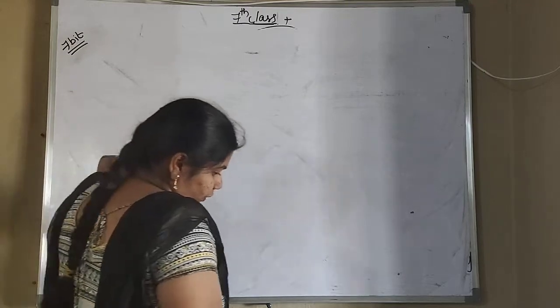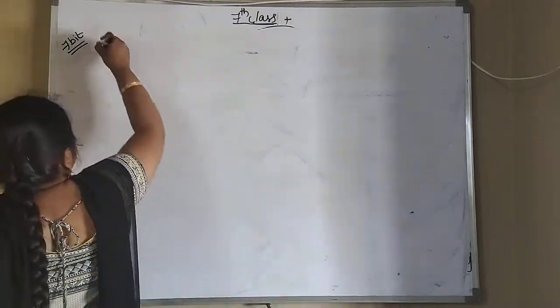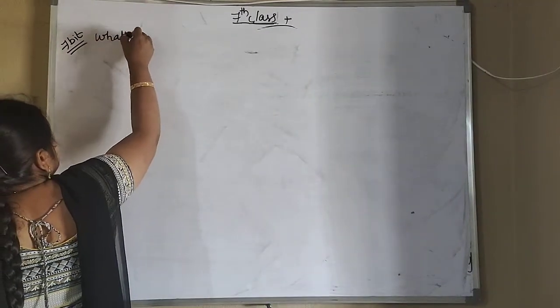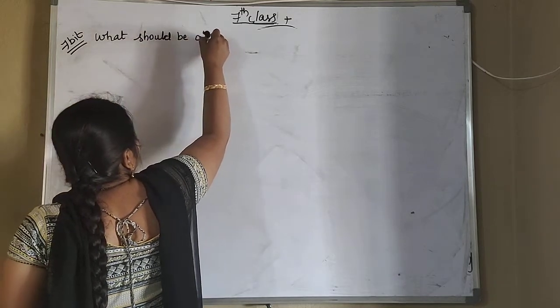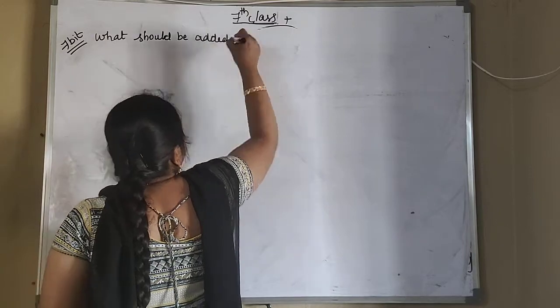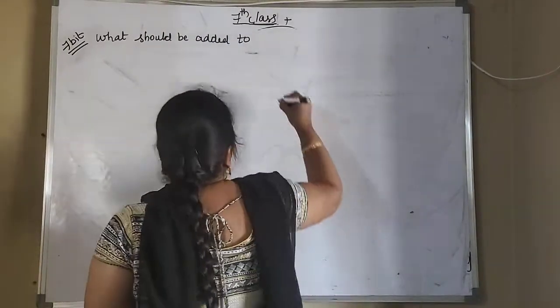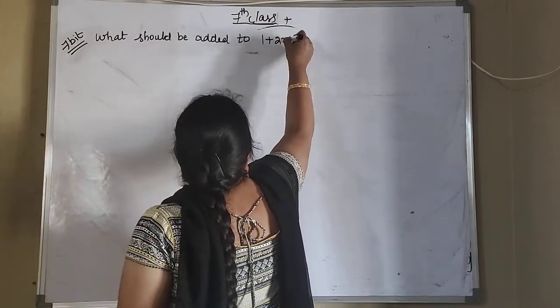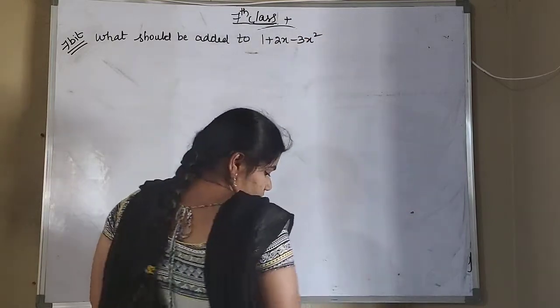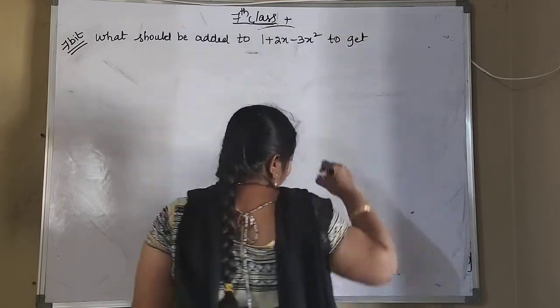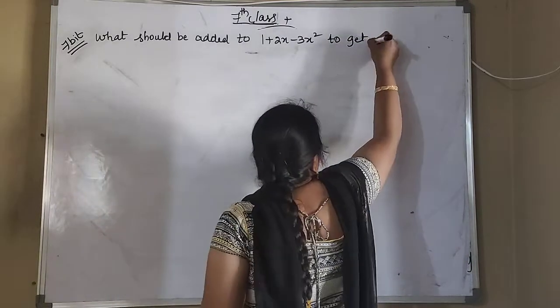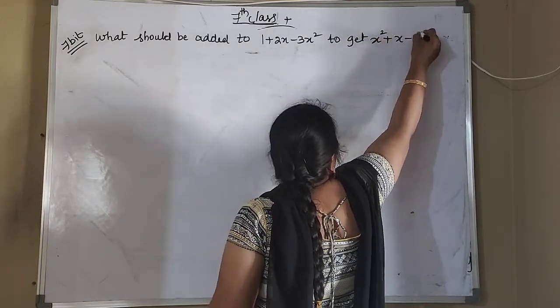So what is seventh question? What should be added to 1 plus 2x minus 3x square to get the result as x square plus x minus 1.